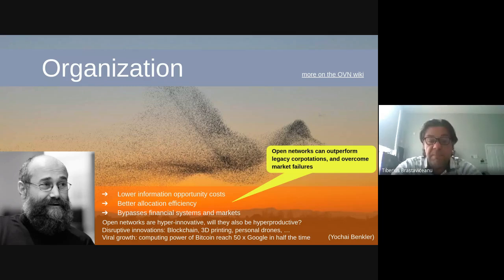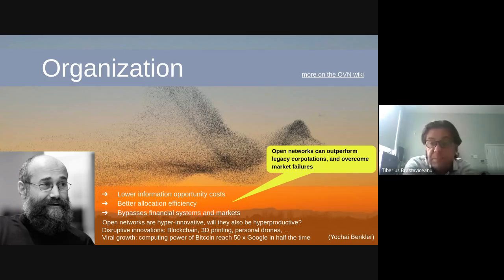So open networks capture more opportunities at lower costs than closed organizations, just because of the way information is processed within these open networks. Another interesting aspect of open networks is that they are more efficient at allocating resources.